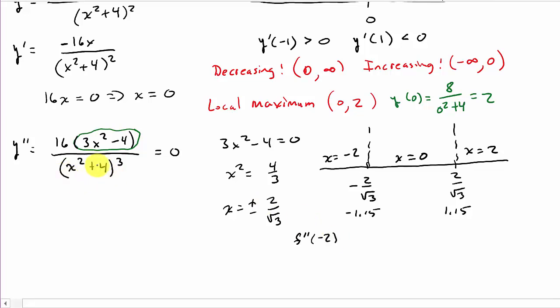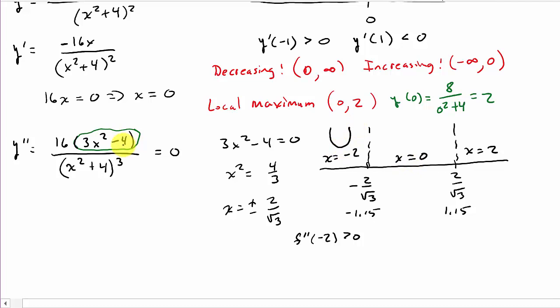So I know the denominator is going to always be positive, because whatever I plug in for x here, I'm squaring it, so that's going to be positive. And if you add 4 to a positive number, that's positive. And then this is always positive, so really all I have to do is check this. So if I plug the -2 in, this part will be positive, so that means the whole thing's positive. So this is concave up.